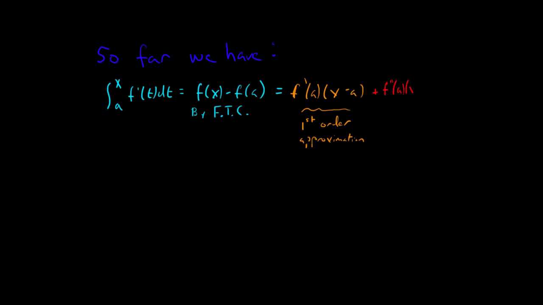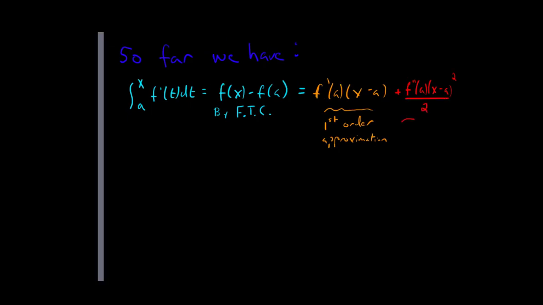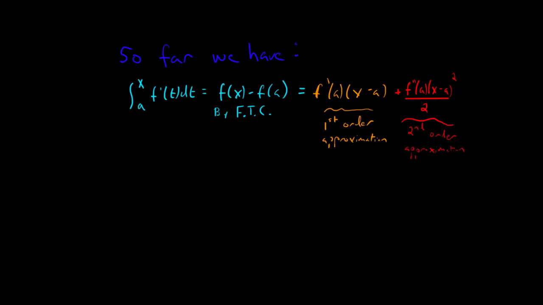Plus f double prime of a times x minus a squared all over 2. That's our second order approximation. That's an approximation using an x squared term. Plus some remainder r. And that remainder needs to be further investigated. And that's what we have so far.